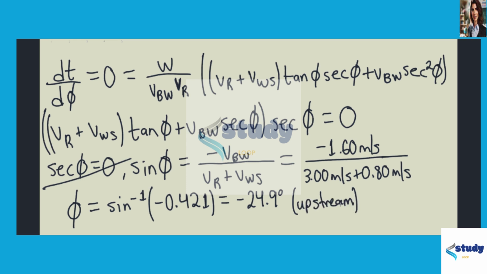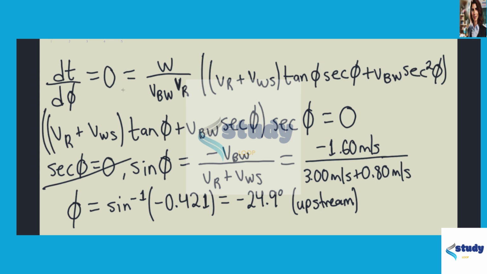To know that this is a minimum though and not a maximum, we need to graph it. We can do the second derivative test in order to see if this is truly a minimum, but we'd have to take another derivative, and that would be very cumbersome, especially algebraically. So we're going to actually graph the time in seconds versus angle in degrees.